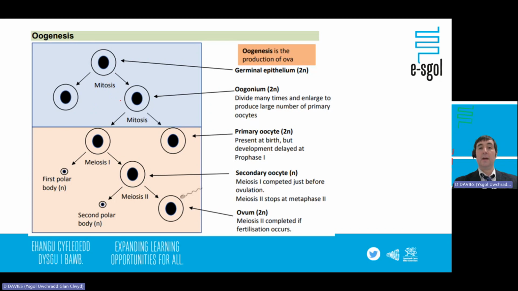Then these oocytes will be held, and when puberty arises, this will start to happen. So there's a mitotic division there.